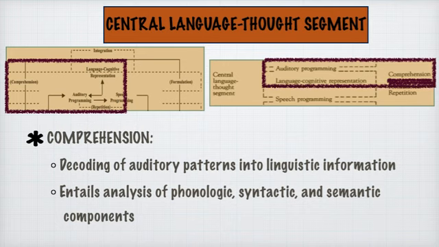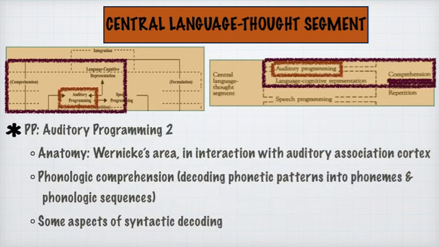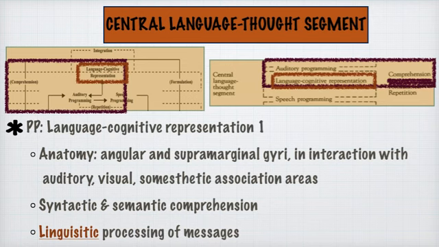And then from the language cognitive representation, na ay meaning, na ay words, sentences. We derive the meaning. That's why, again, emphasis, this part involves phonologic comprehension, syntactic coding, and ato ang semantic part, no?